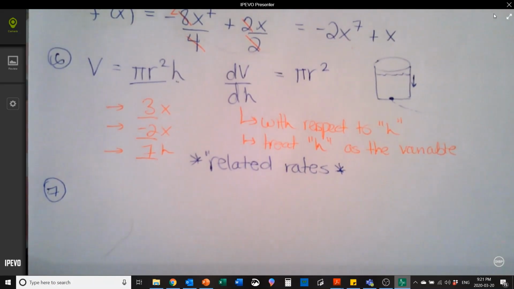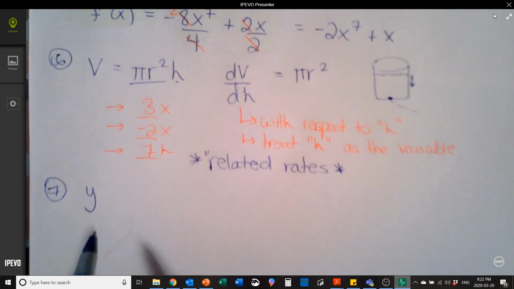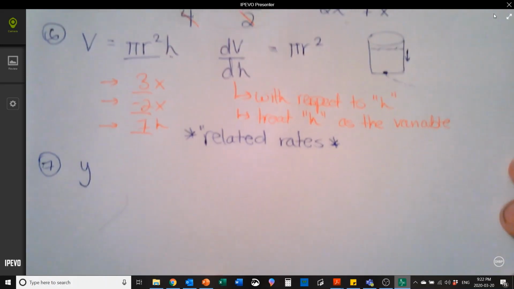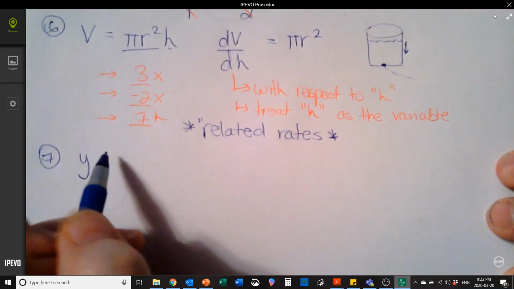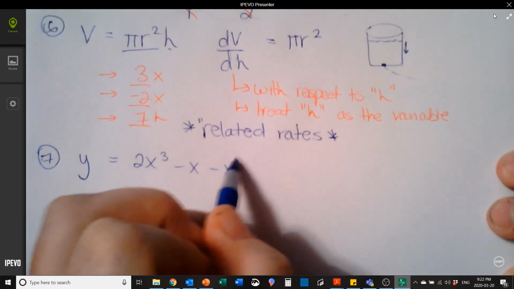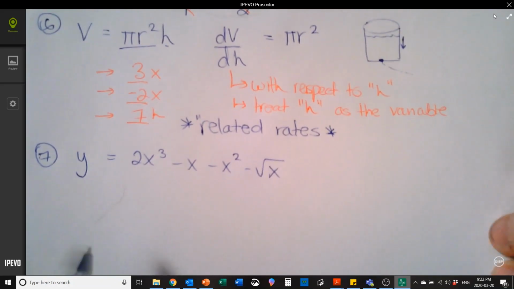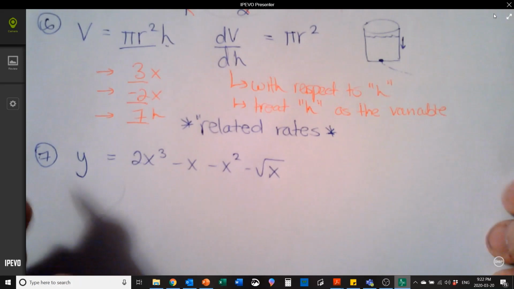Alright, let's do 2 more and then you can do some practice. Alright, so this looks pretty normal from what we've done before, with one exception.